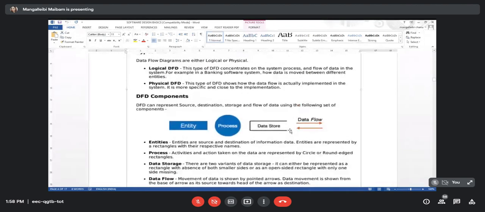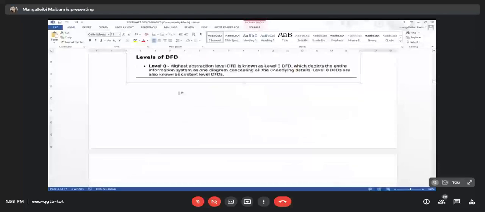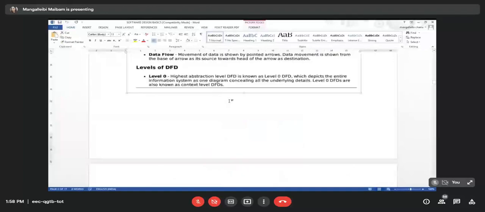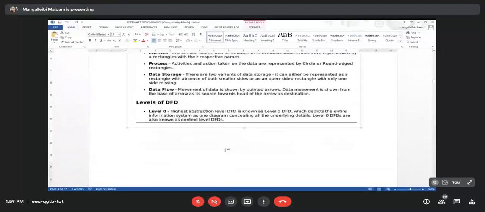And for drawing the DFD diagram, there will be level 0, level 1 and level 2. So level 0 is the highest abstraction level and it depicts the entire information system in one diagram. Okay, in a single diagram, it explains the entire information system.